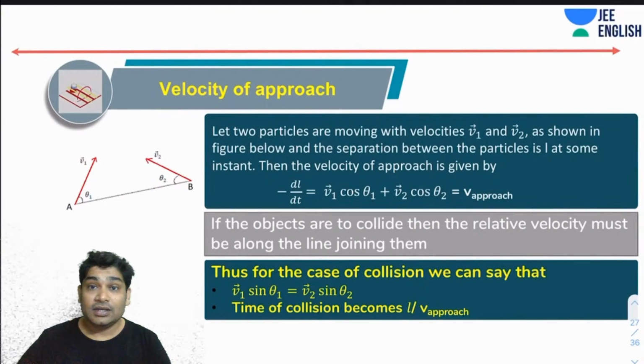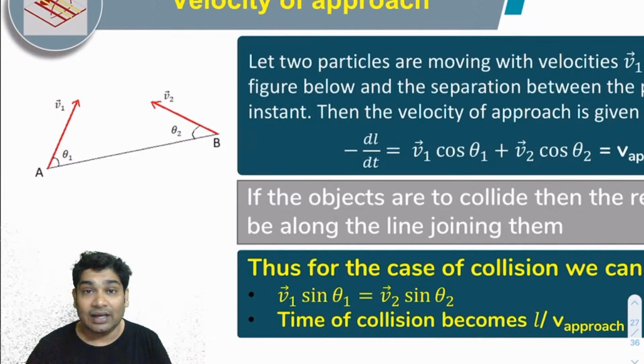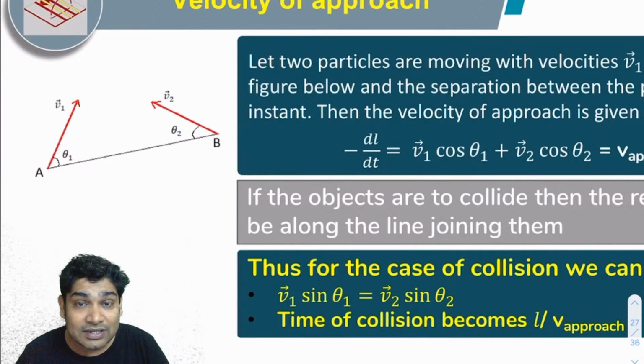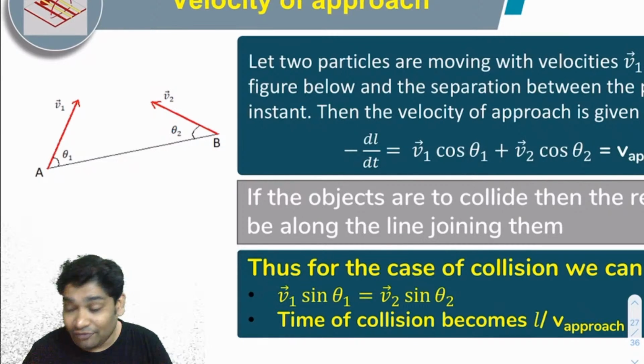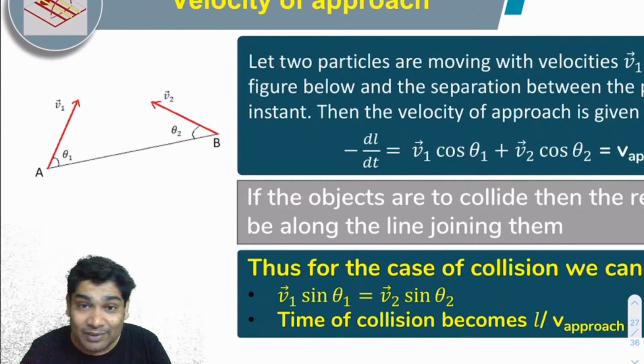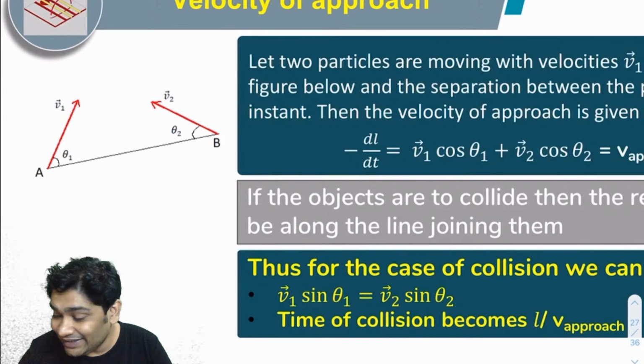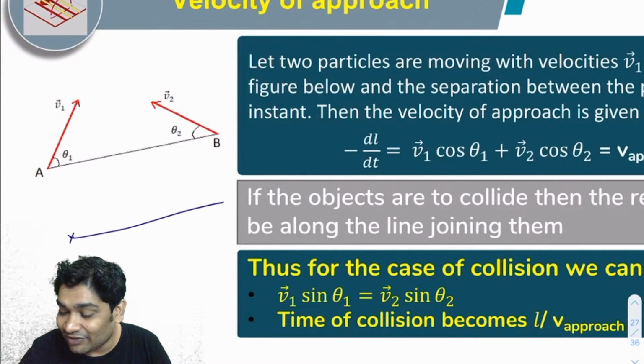Similarly, assume that they are moving like this. What is the condition for which they should collide? If you see the motion of B in the reference frame of A, it would appear as this and minus of this. So this is the VB vector and this is the minus VA vector.